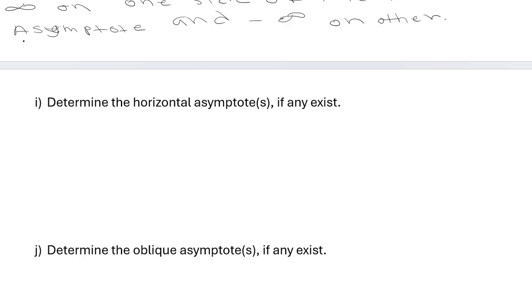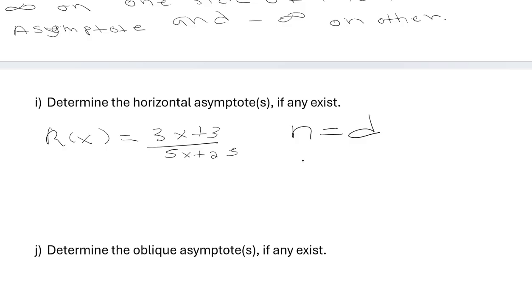Now we need to determine our horizontal asymptotes. So again, if I take my function and write it here, I have 3x plus 3 over 5x plus 25. If I think about the rules for horizontal asymptotes, I notice that the degree of the numerator equals the degree of the denominator.